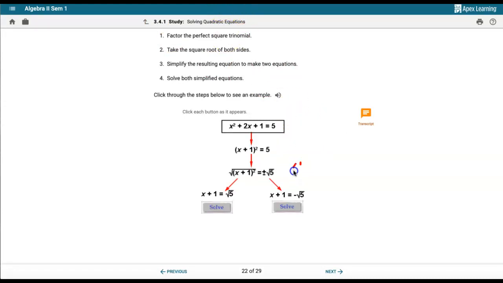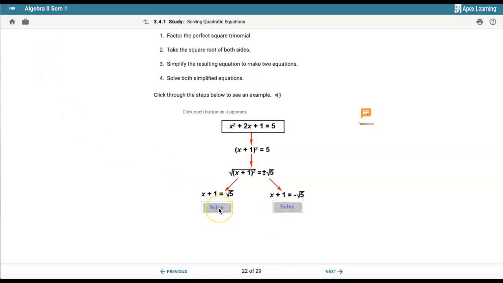So what this is going to look like is x plus 1 is equal to plus or minus the square root of 5. So what we do here is we have the positive version on one side and the negative version on the other. That's how we get both of our equations.